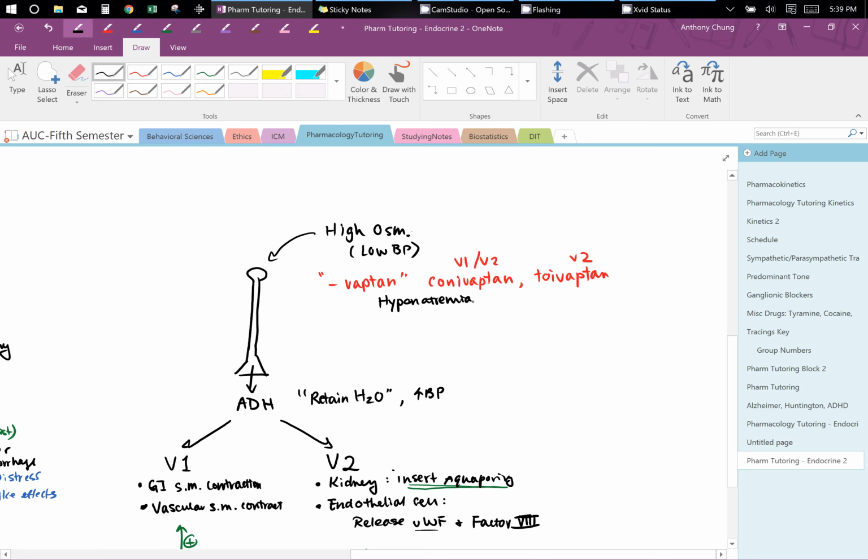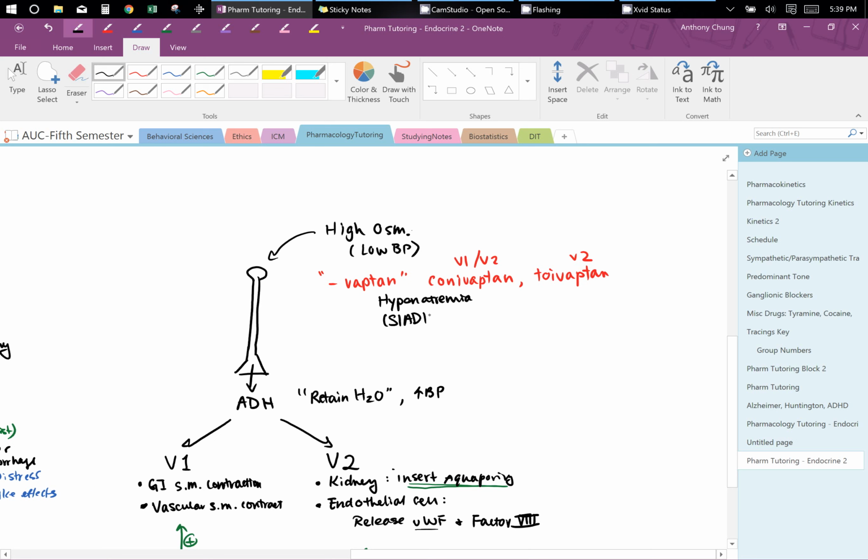It helps to think about it like this: if you have too much ADH, then you're retaining a lot of water. If you're retaining only water, then everything gets diluted, so you will get hyponatremia. So hyponatremia, and then ADH.